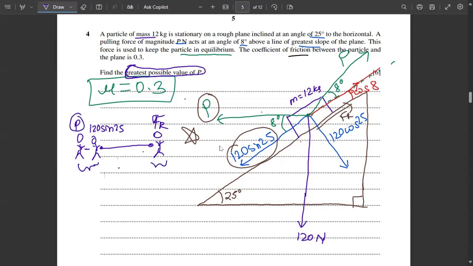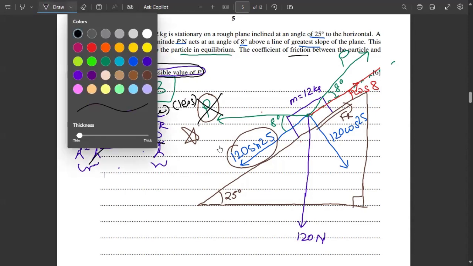So P won't have much load. That means it will only have to apply minimum force. But what they want is the greatest possible value of P. So this is not possible. That means P can't move down, because here P won't have its maximum value. The value of P will be less because it also has the support of 120 sine 25.